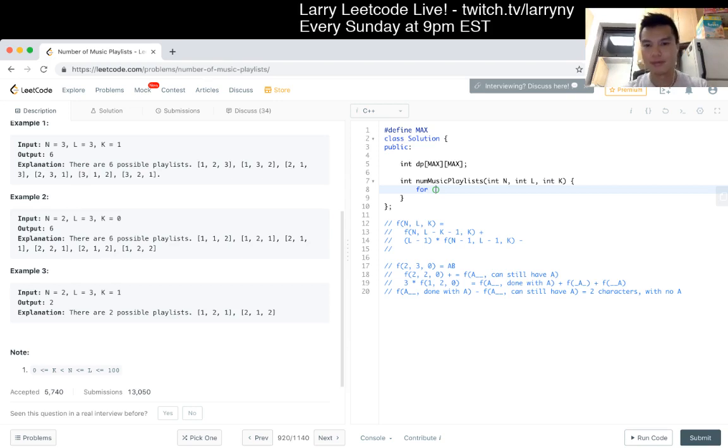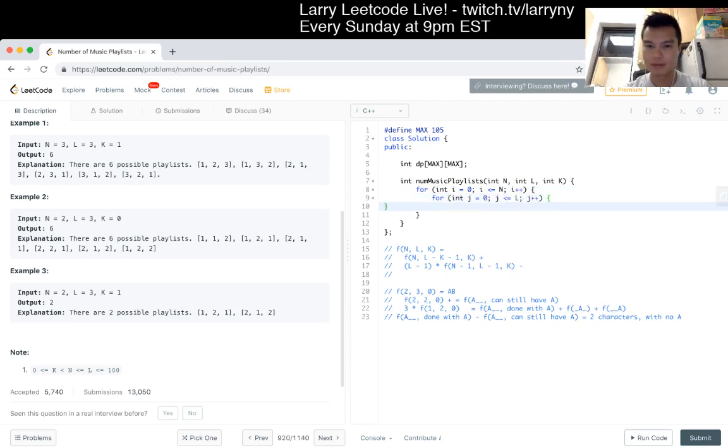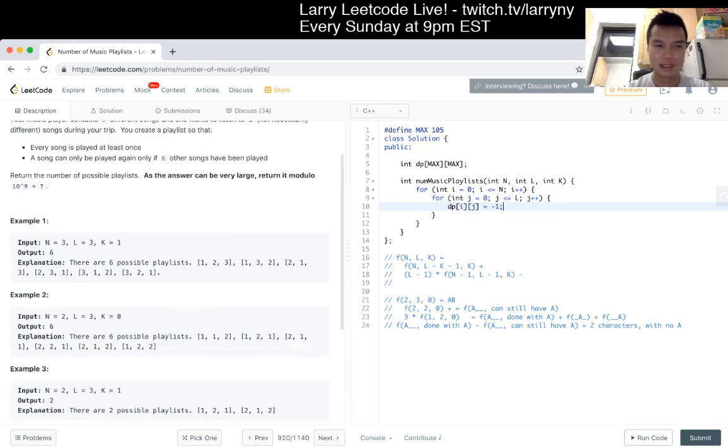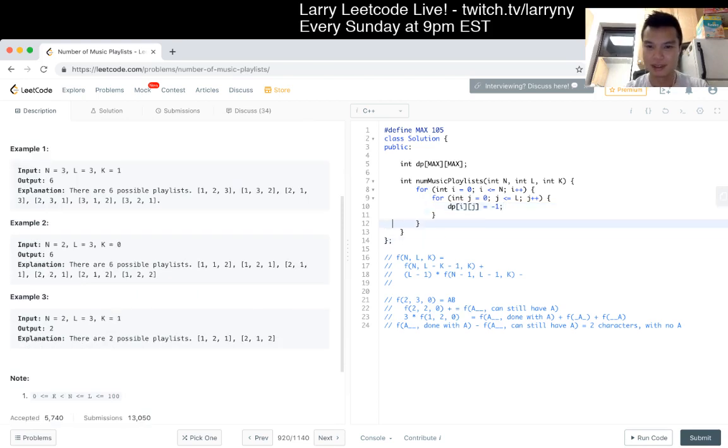Okay. Oh, I didn't actually define this. I guess -1 is fine because you can't have a negative possibility. Though we're doing mod stuff, but okay.